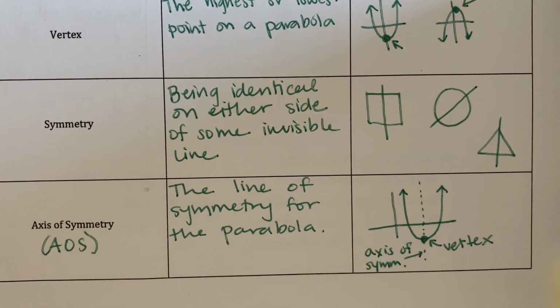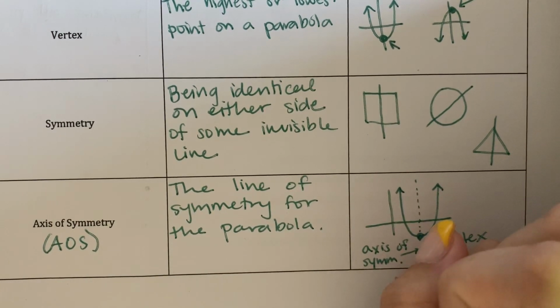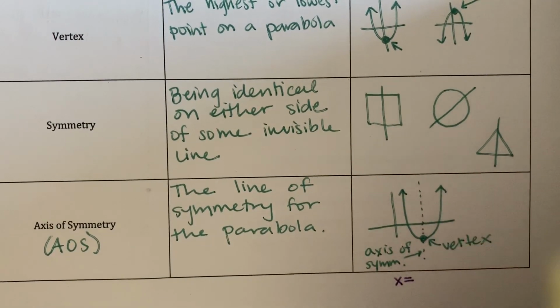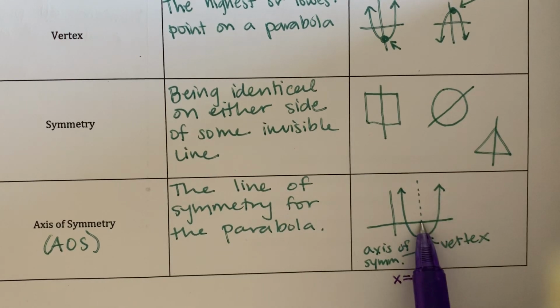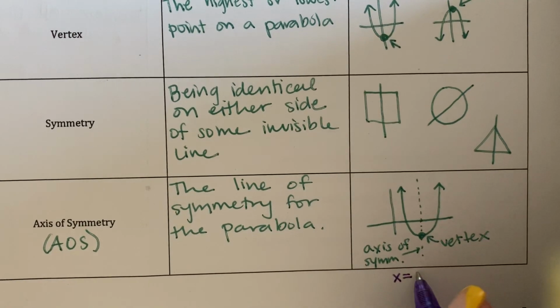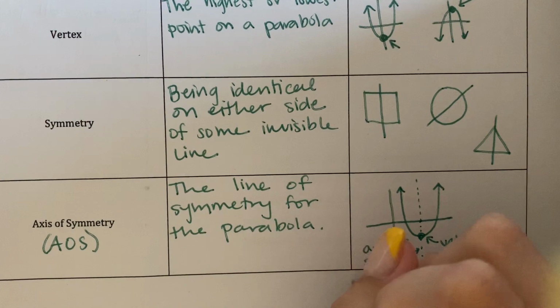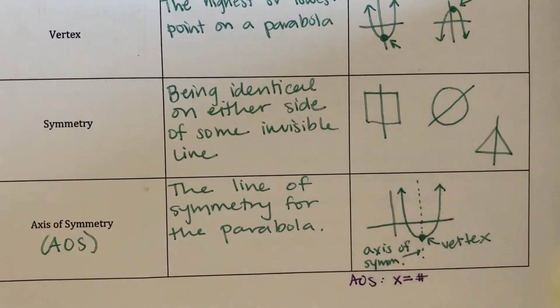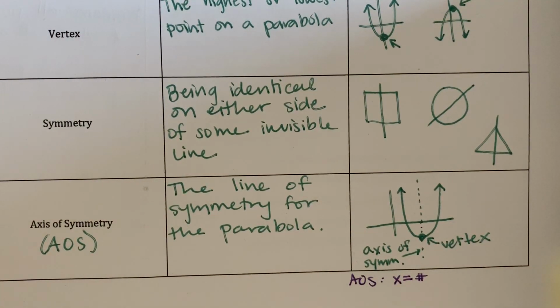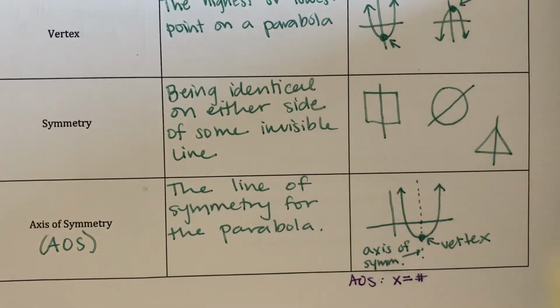When you tell me what the axis of symmetry is, you'll always say it the way you would tell me the equation of a vertical line: x equals, and whatever x value it crosses the x-axis at. So x equals some number. If I say label this, you'll say AOS, the axis of symmetry is x equals, let's pretend this is 1, 2, 3, x equals 3 in this fake example.